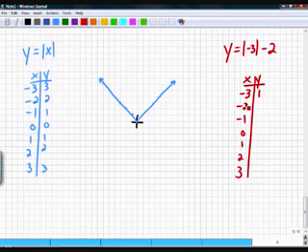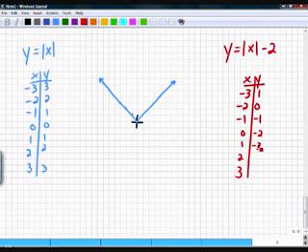Do the same thing with negative 2. Take out the x, put in negative 2. So you have absolute value of negative 2 is 2, minus 2 is 0. We're going to do that with each of our x's. Plug in negative 1, absolute value of negative 1 is 1, minus 2 is negative 1. Plug in 0, absolute value of 0 is 0, minus 2. You see a pattern? Negative 2.